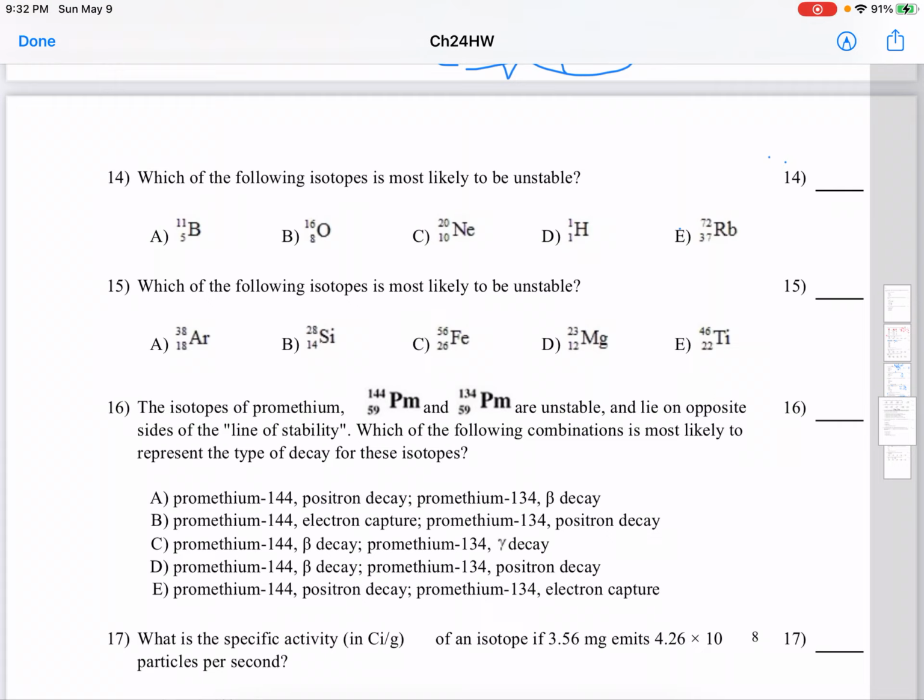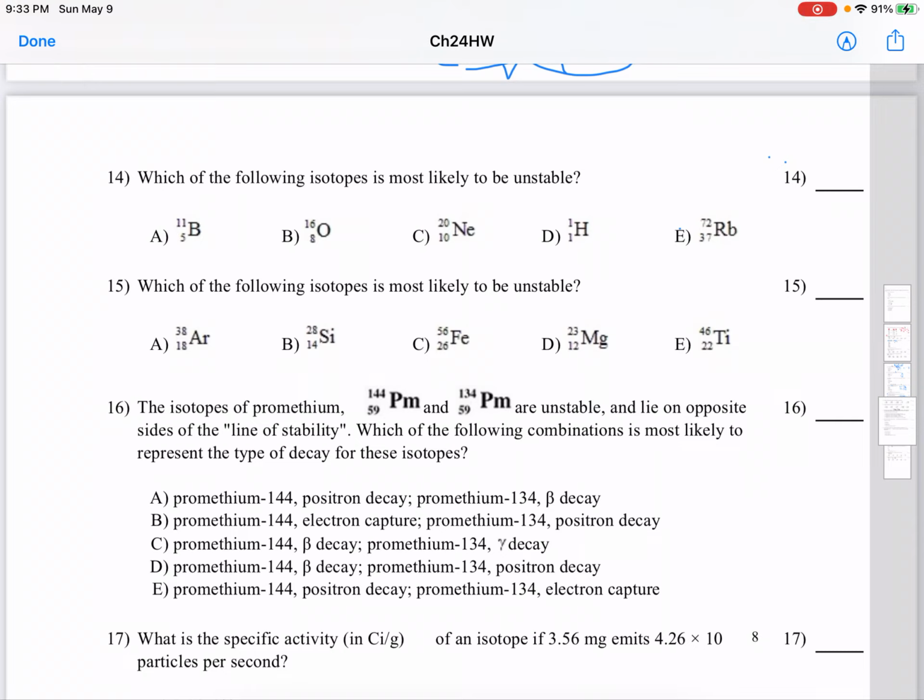Again, what you need to do here is look up the ratios of N over Z. If the N over Z value is 1, then you know it's going to be stable.